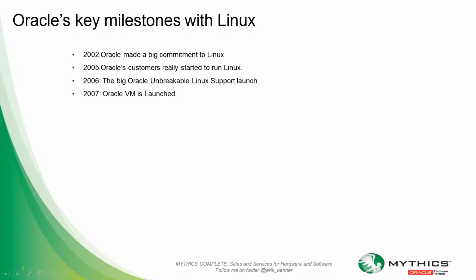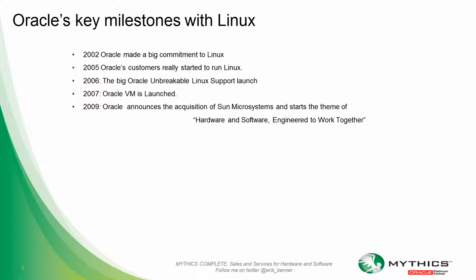In 2007, Oracle launched their own VM, Oracle VM, which was based on top of the Linux operating system. In 2009, Oracle made a very large acquisition of Sun Microsystems, and that's when we started seeing this theme from Oracle of hardware and software engineered to work together. That's a theme we're seeing more and more now as engineered systems evolve.